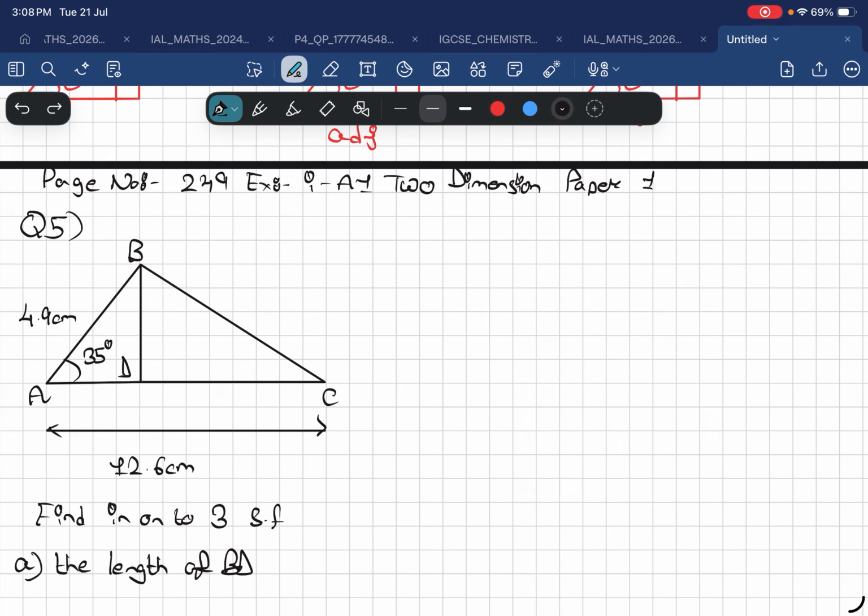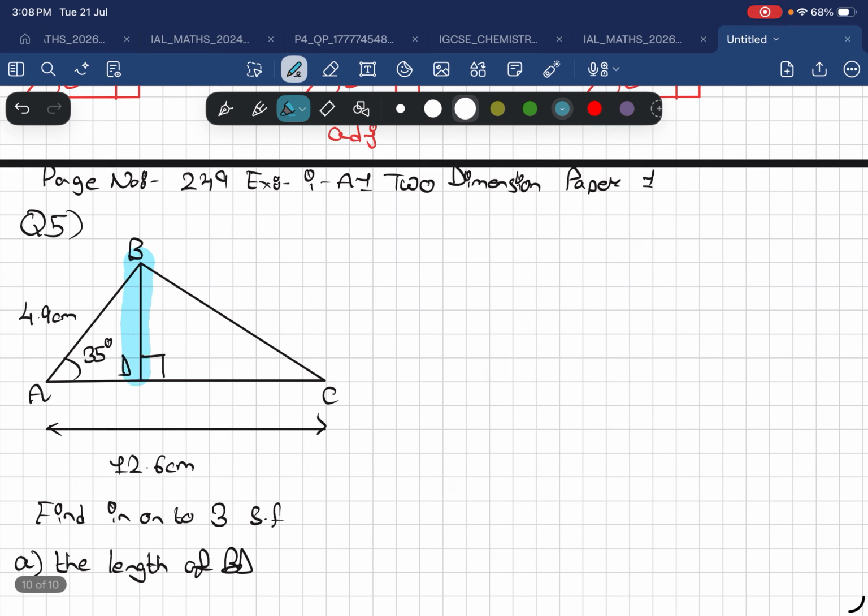This angle is 90 degrees, and they told us to find, in 3 significant figures, the length of BD. So which side is BD? Let's highlight it. It told us to find the length of this side.